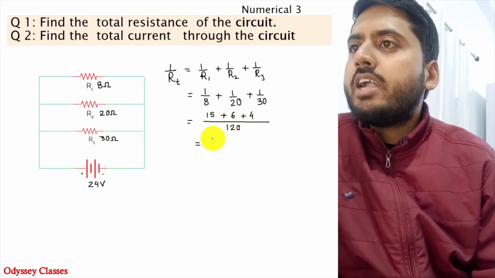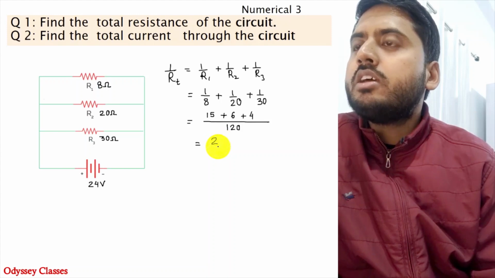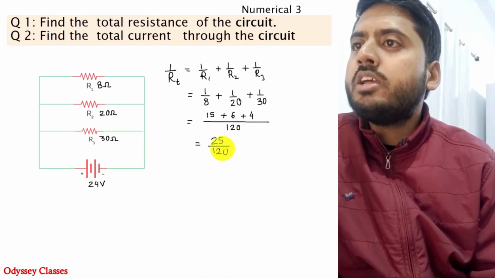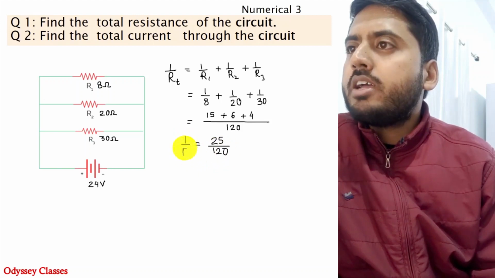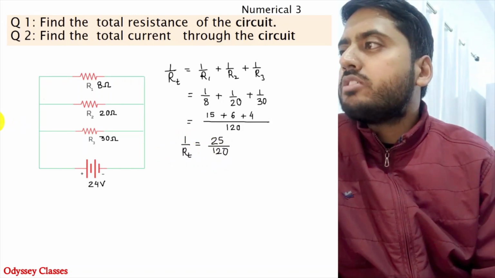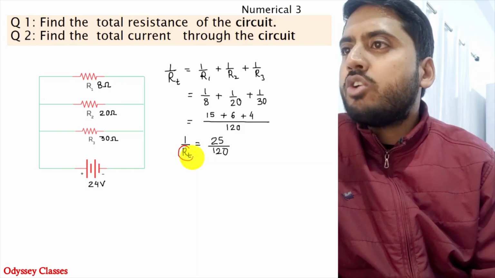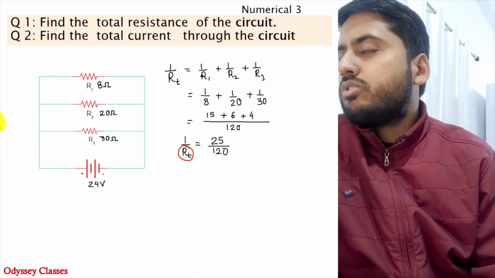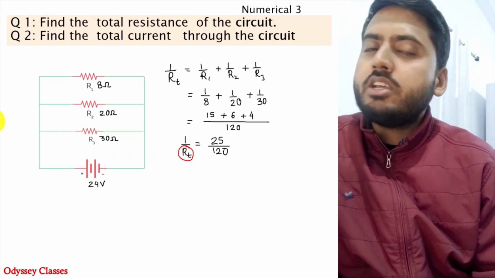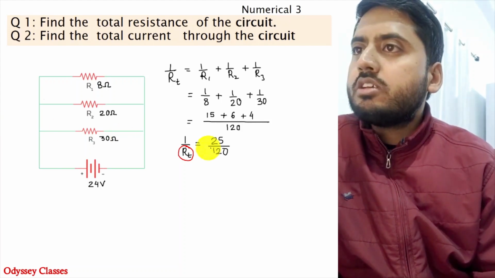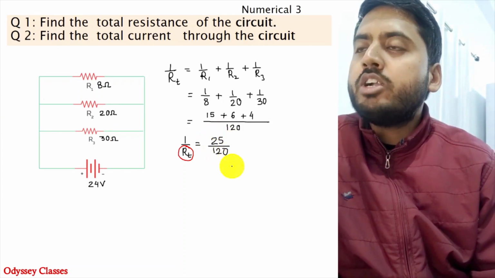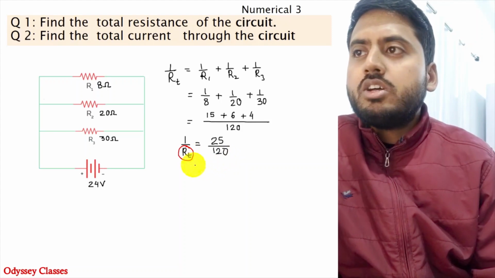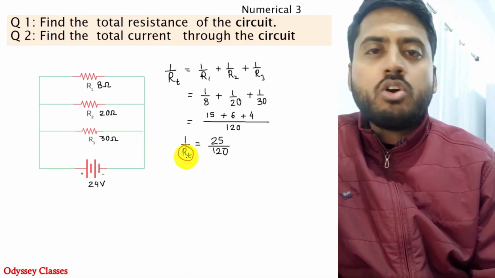So if I add this further, this will be 25 by 120, but this is 1 by RT. But what we are supposed to calculate is RT, not 1 by RT. So this is where children make the mistake most often. They just write the answer as 25 by 120 by solving it further. We need to calculate RT, not 1 by RT.